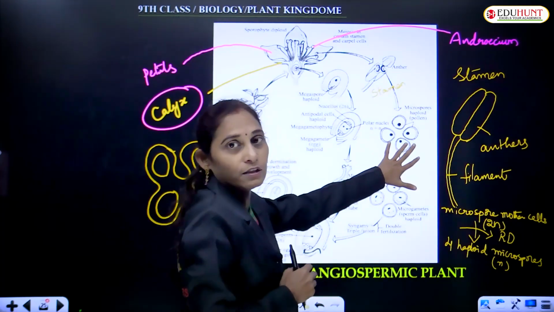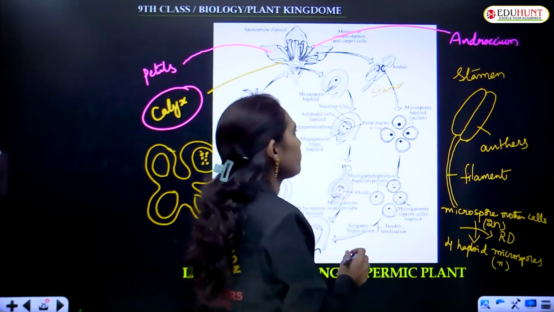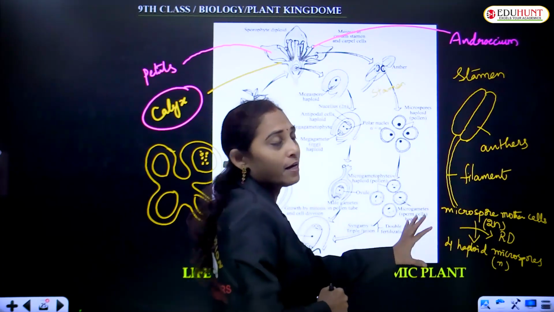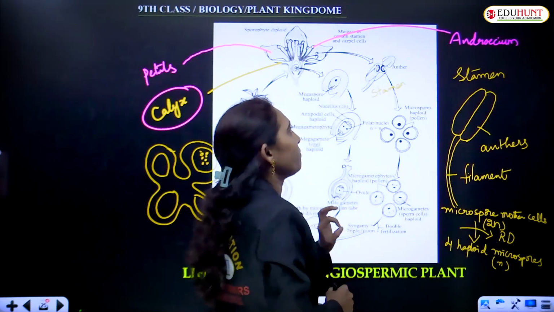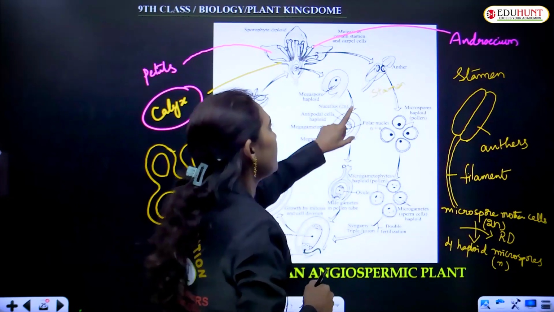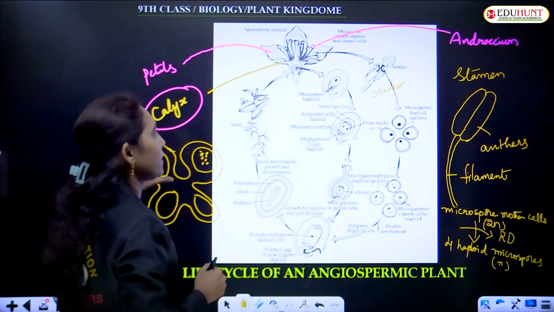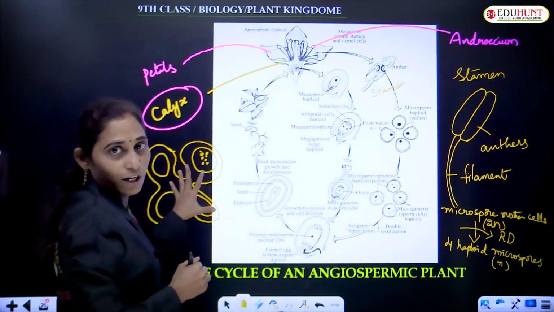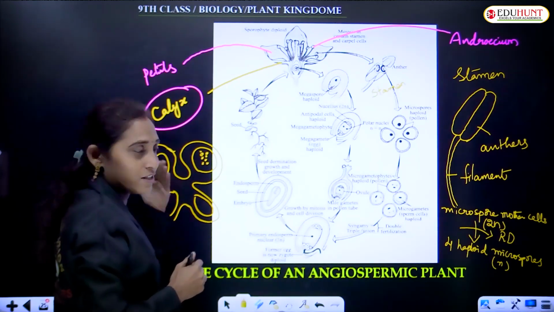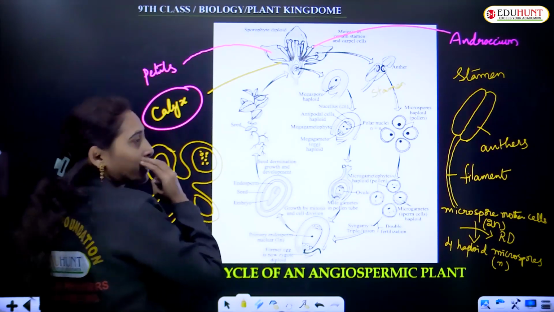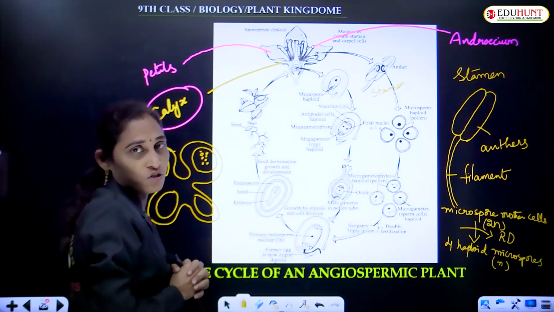You can see on the screen, these are the haploid microspores. Each one is haploid, because in the anther I have drawn separately the anther section, and this anther consists of the sac-like structure, the sporogenous tissue.